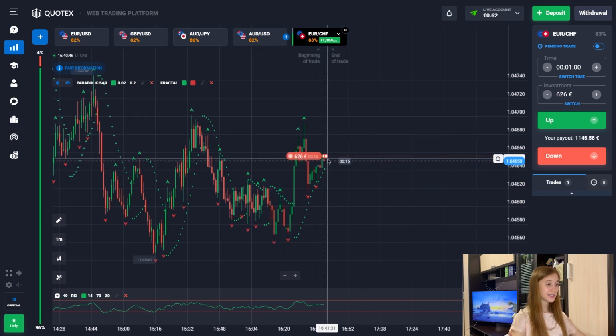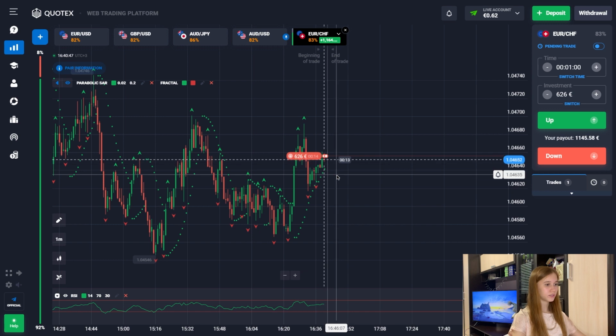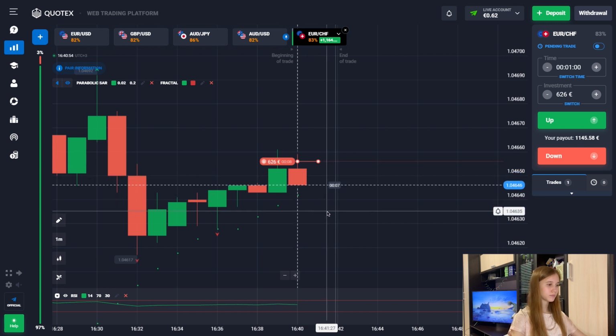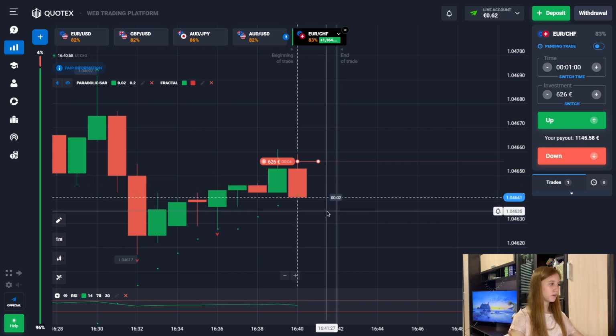And it's better to go down here. That is, the position was chosen as correctly as possible. And we take the deal in plus and move on.